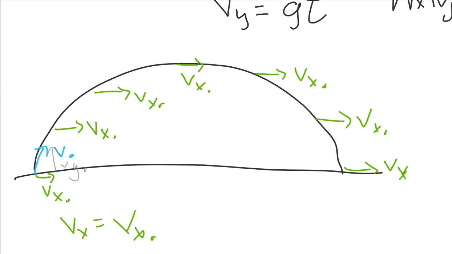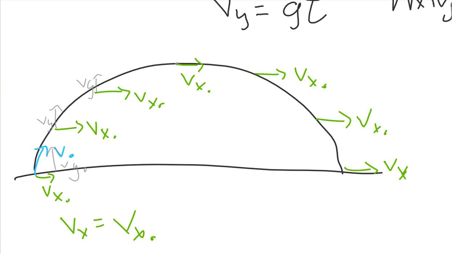As we go up, our y velocity is going to get smaller, and when we reach the top here, the y velocity is actually 0. This is a really common question in the multiple choice section of the AP exam, and you have to read it very carefully. Sometimes you will be asked, what is the y velocity at the peak of a projectile?